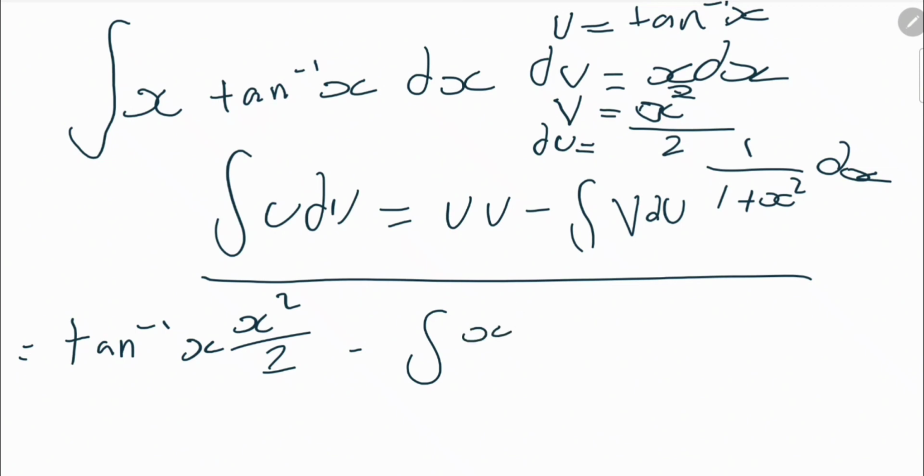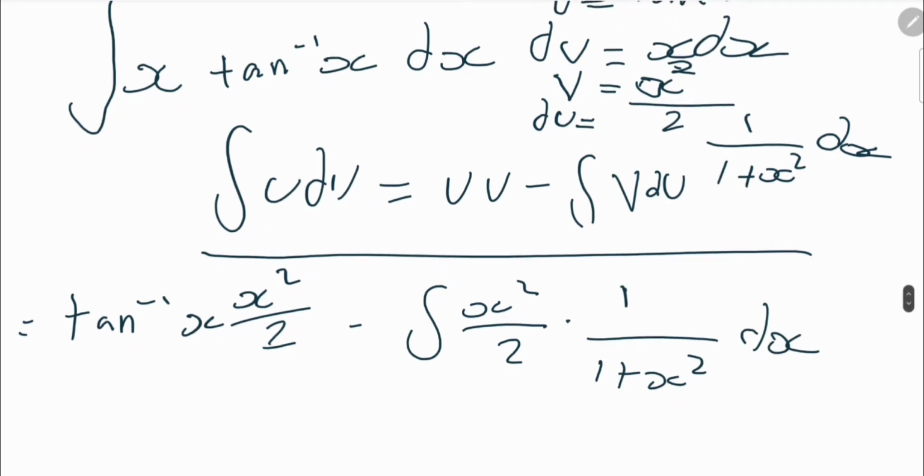So x squared over 2, right, times du, which is 1 over 1 plus x squared dx.